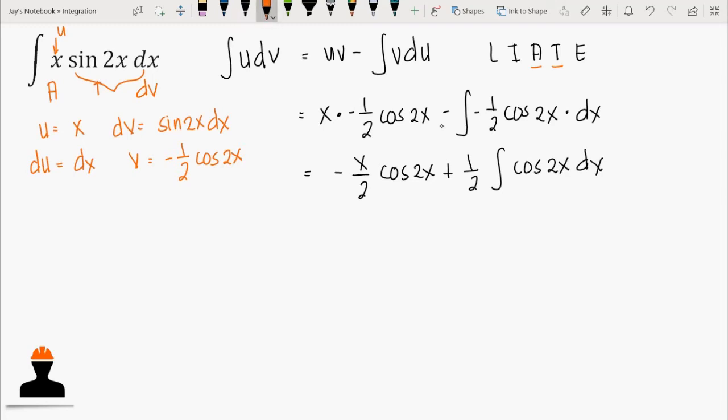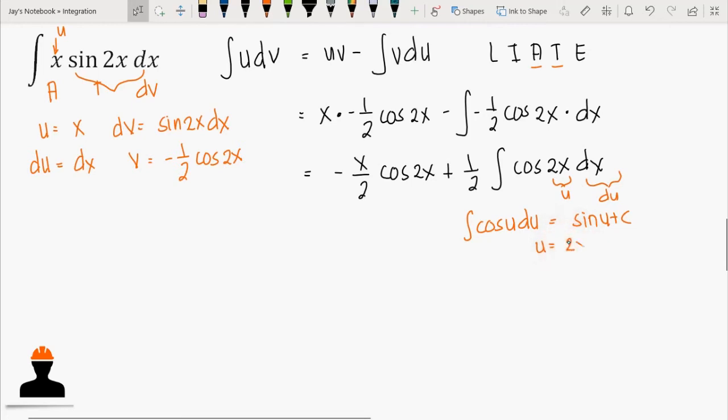Now take note, we need to integrate cosine 2x dx here, and we know that the integration of cosine u du is equal to sine u plus c. In this case, our u is 2x, so our du should be 2 dx, correct? We have 2 dx here, but since we are lacking a 2, we multiply by 2, then times 1/2 outside of the integration to balance the equation.